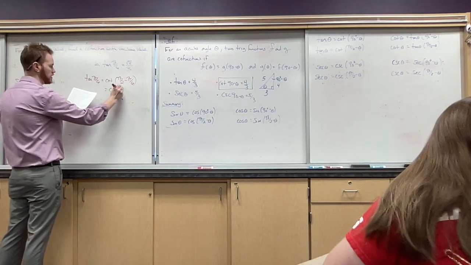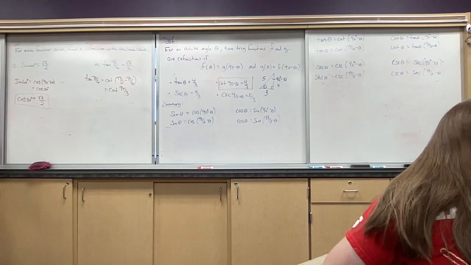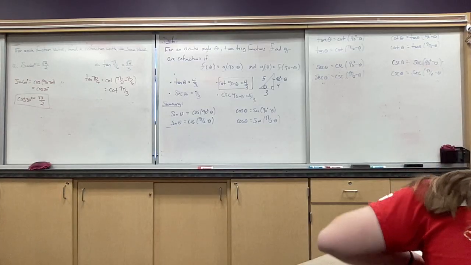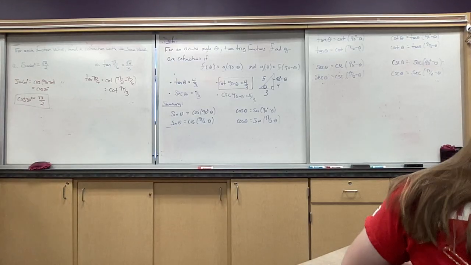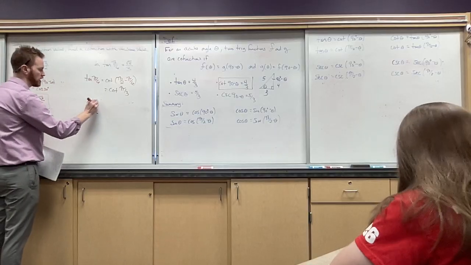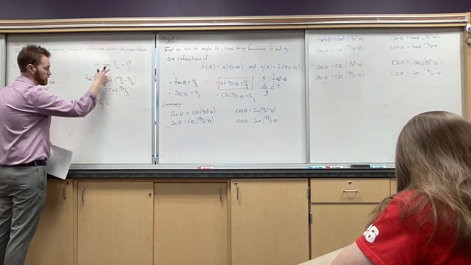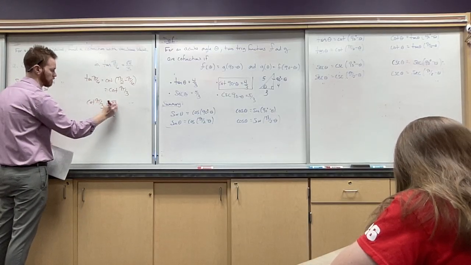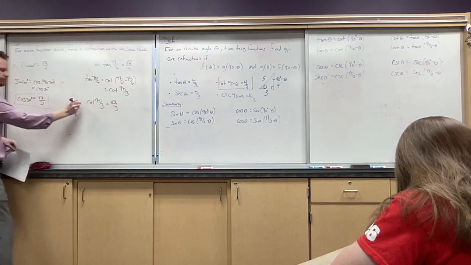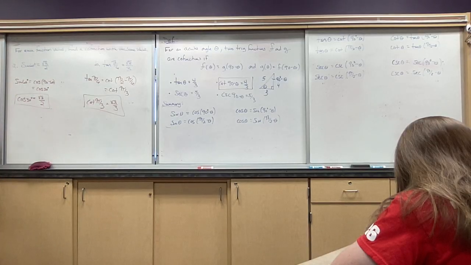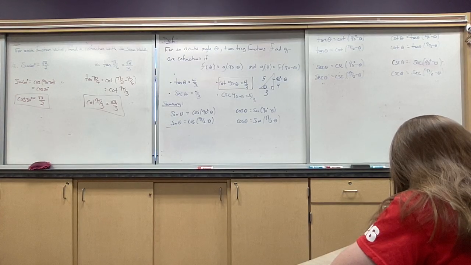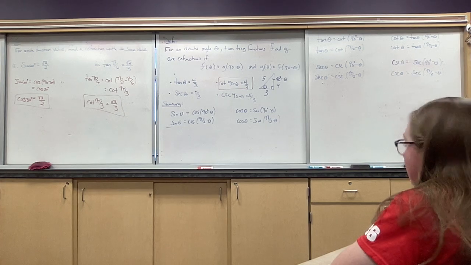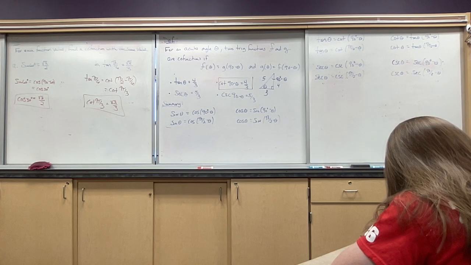We get cotangent of pi over 3. Therefore, cotangent of pi over 3 is the same thing as tangent pi over 6, which is square root of 3 over 3. There we go. Any questions on those?